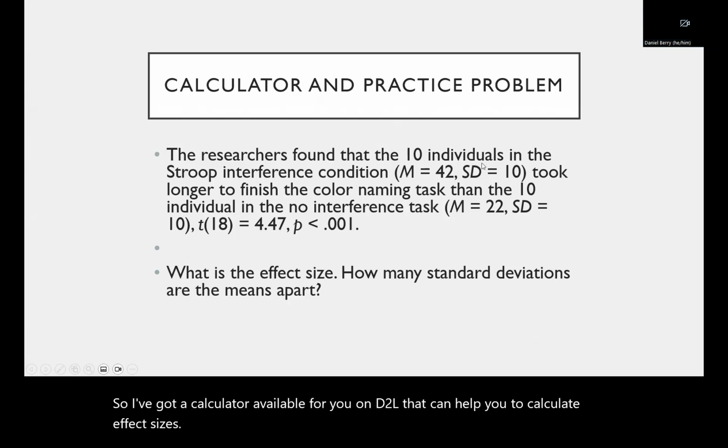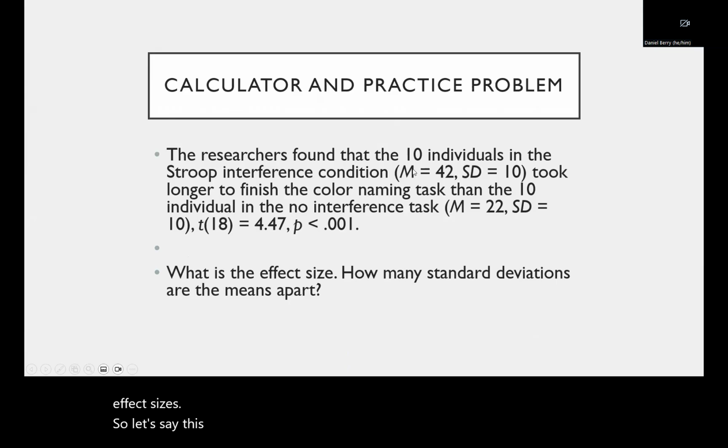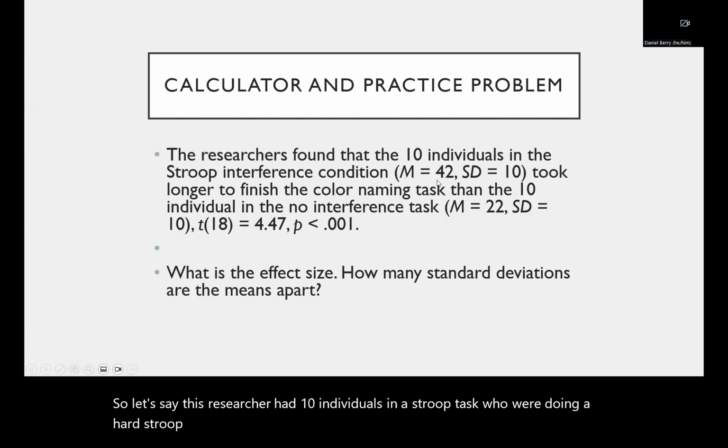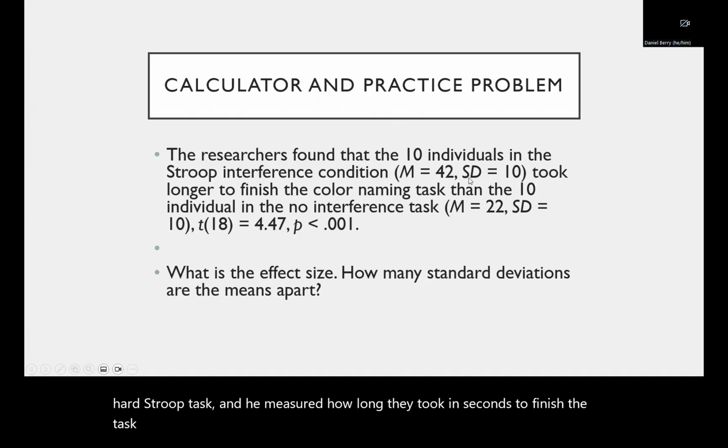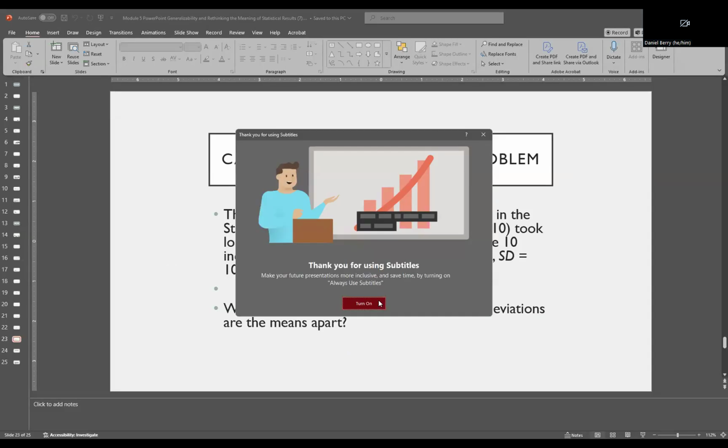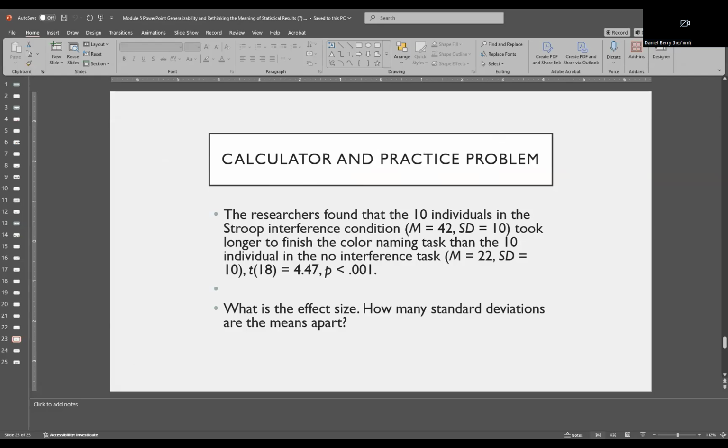So let's say this researcher had 10 individuals in a Stroop task who were doing a hard Stroop task, and he measured how long they took in seconds to finish the task. Let's say they took 42 seconds. I'm going to pull up this calculator that is available for you on D2L.